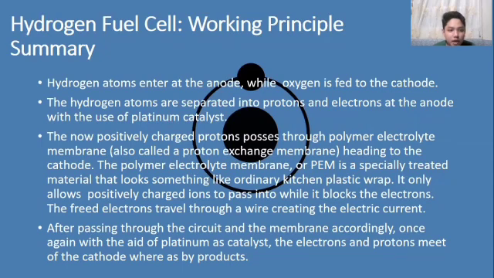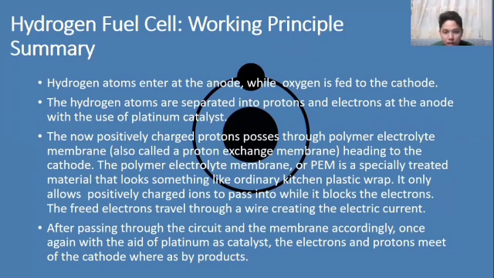Yung summary nga niya, yung hydrogen atom enters at the anode while oxygen is fed to the cathode. The hydrogen atoms are separated into protons and electrons at the anode with the use of a platinum catalyst. The now positively charged protons pass through the polymer electrolyte membrane, also called the proton exchange membrane, heading to the cathode.